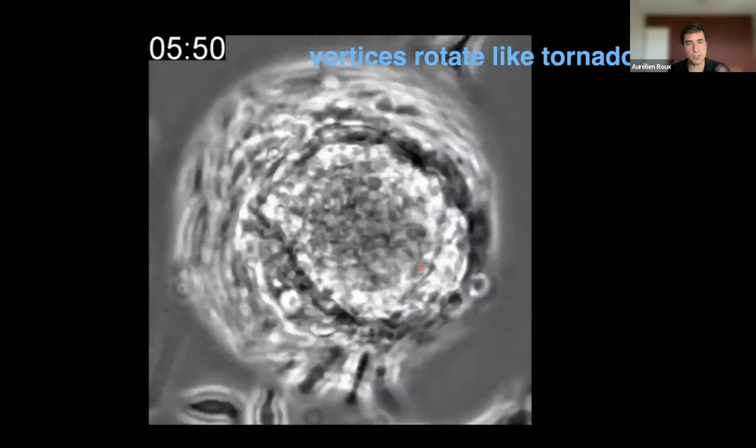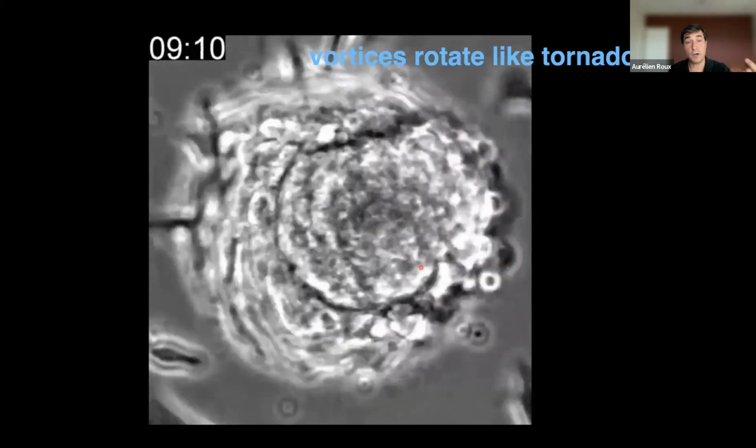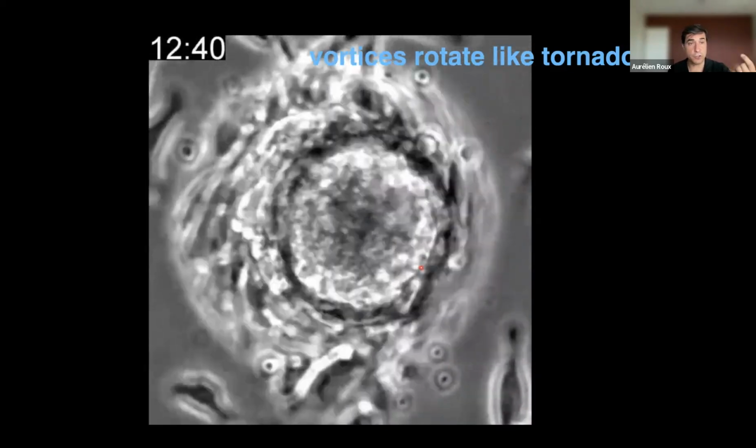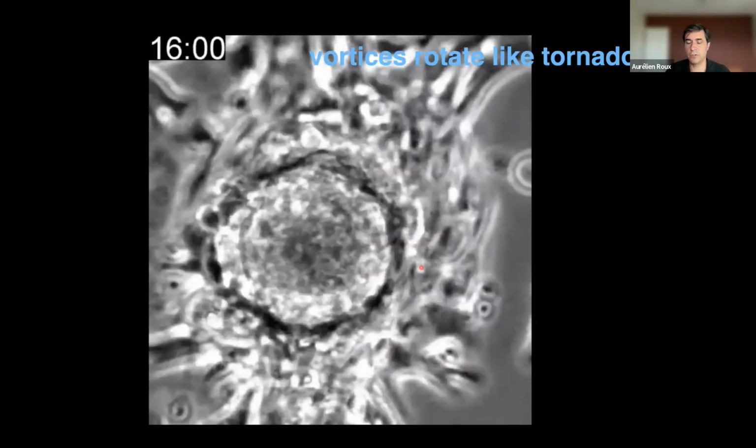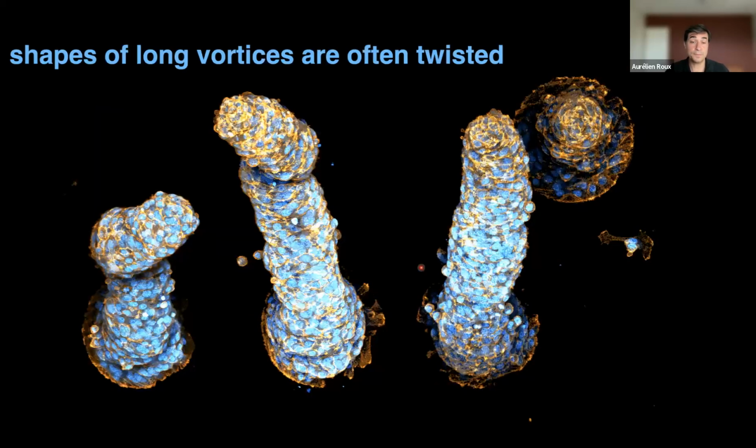So it's really the +1 defect that is the driving condition or constraint to form those towers. They can get very long; these are structures that are about half a millimeter, and they keep this twisted shape that is reminiscent of the tornado effect, I would say.